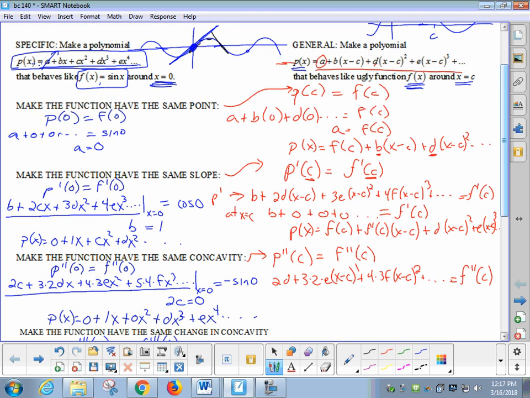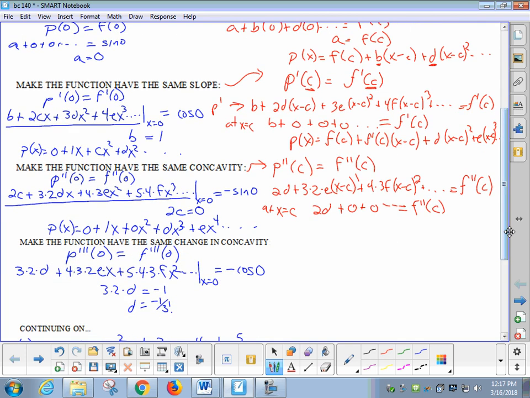If we then set x equals c, then we get that familiar dropping out of everything with the x minus c still there. So I'd have 2d only, and everything else drops away, lots of zeros afterwards, equals f double prime at c. That means that d is f double prime over 2.